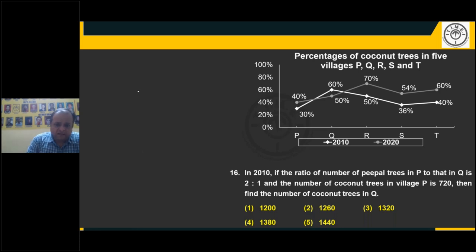Let's go to this. We have been given the ratio of people trees in P to that in Q is 2:1. Now can I say this can be represented by 70% of P total upon 40% of Q total. How are we getting this value?